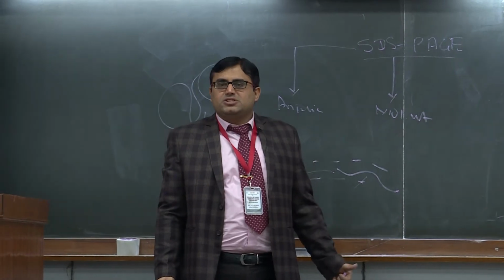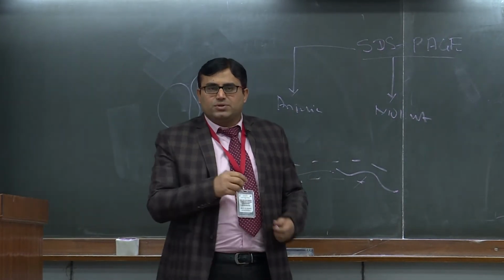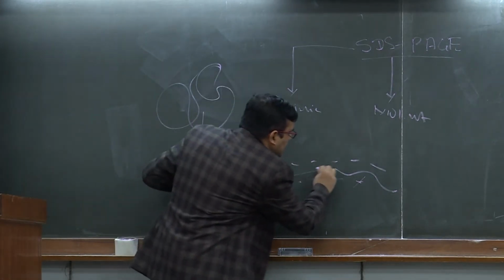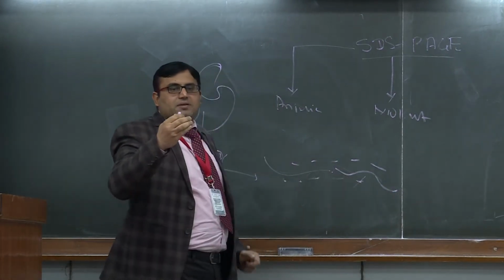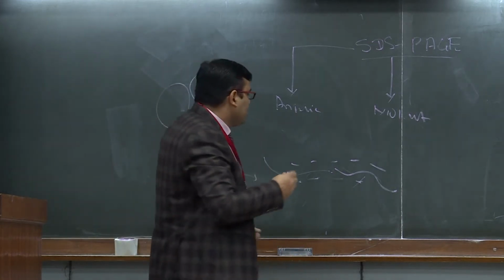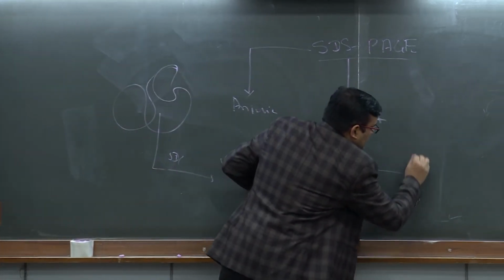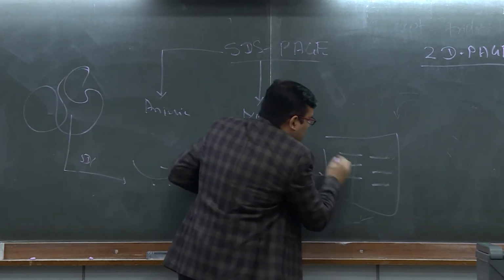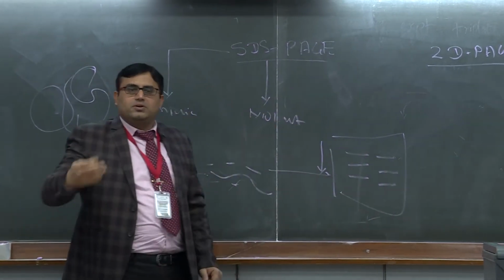This treatment is done with beta mercaptoethanol, which will break the disulfide bond, so that your protein is in the linear form having a uniform charge, and when you run this on the gel, the separation is based on molecular weight.